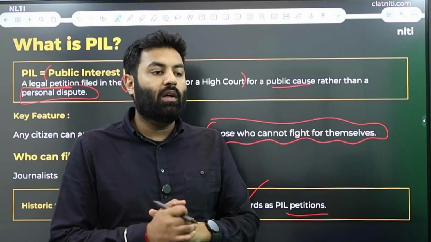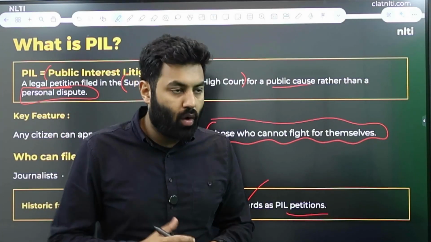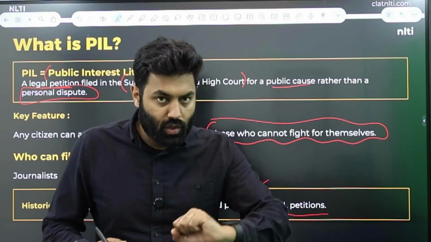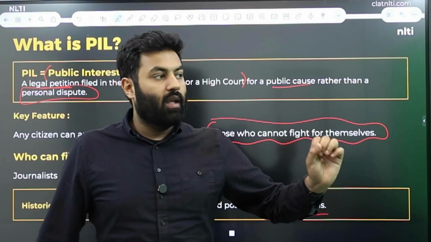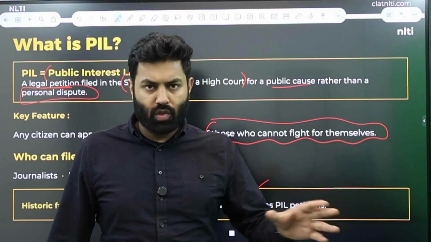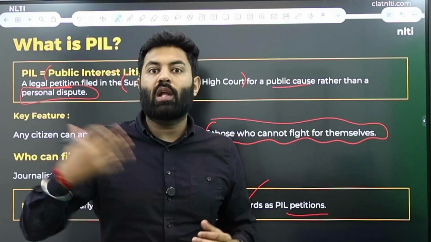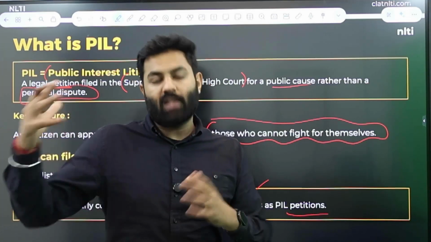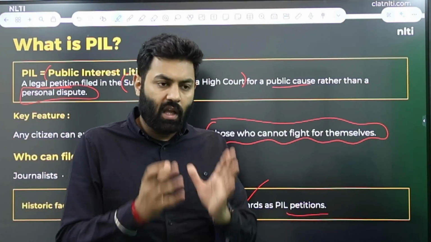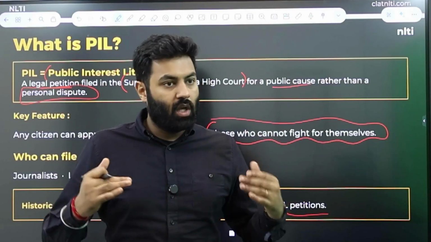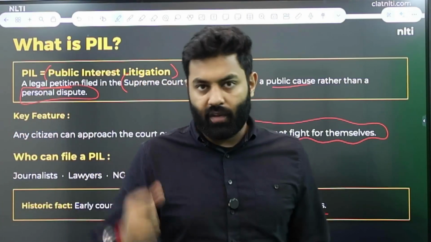I don't want my identity to come out, but this is how the corruption is going on, this is how nature is being destroyed, right? Those kinds of letters or postcards were also considered as PIL during the starting time, in the 1970s and 80s. Now there's a procedure through which people, journalists, lawyers can file PIL.